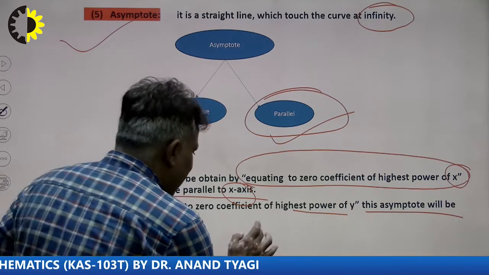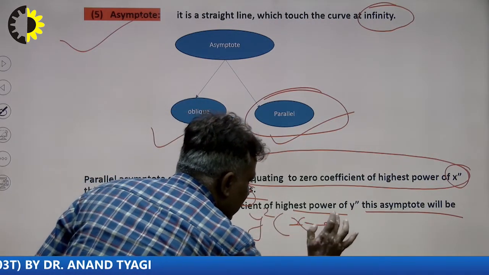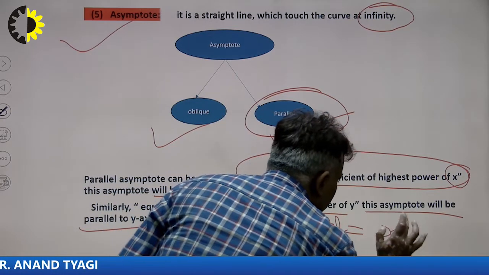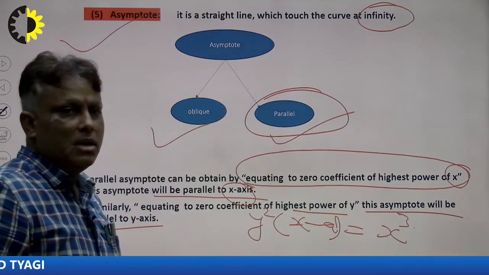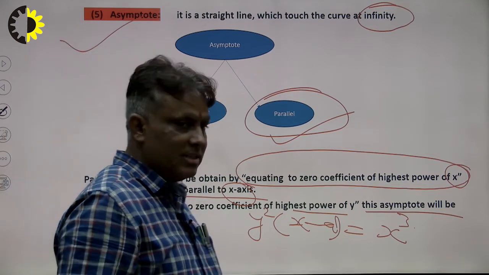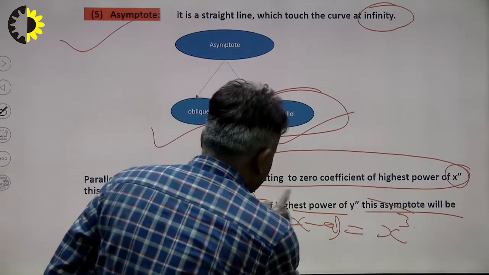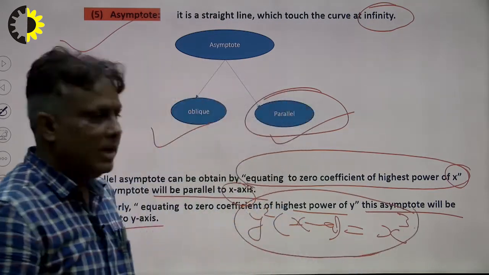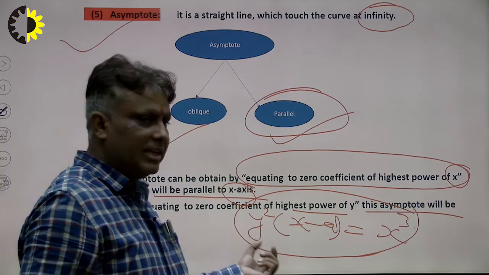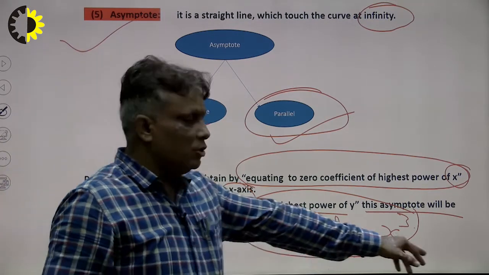Suppose I write any curve, y squared (x minus a) is equal to x cubed. So we see what knowledge we have till now about asymptote. This curve is symmetrical about the x-axis because the given curve contains even power of y. Now this curve is passing through the origin.